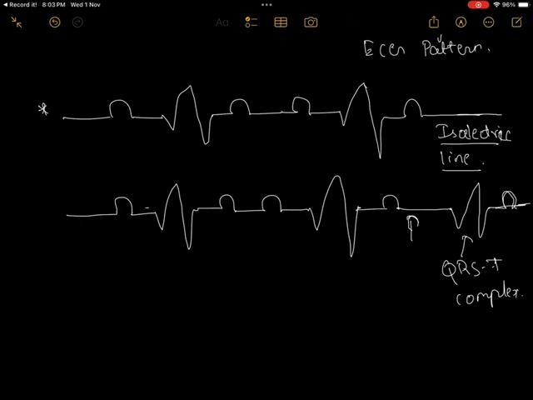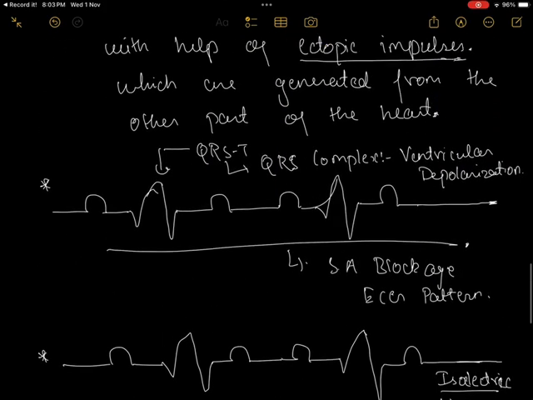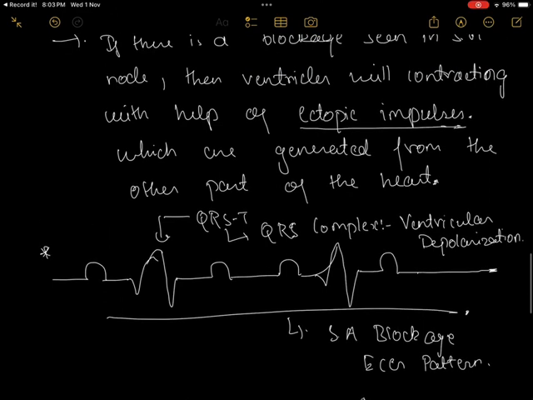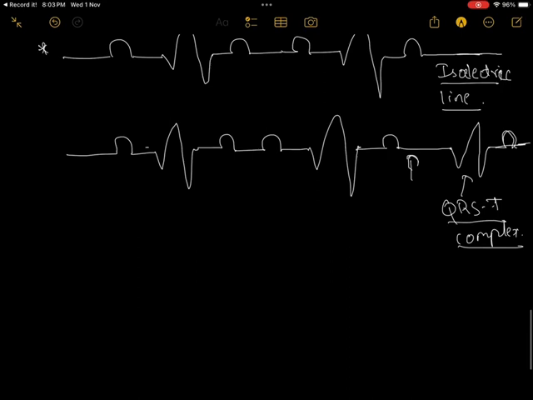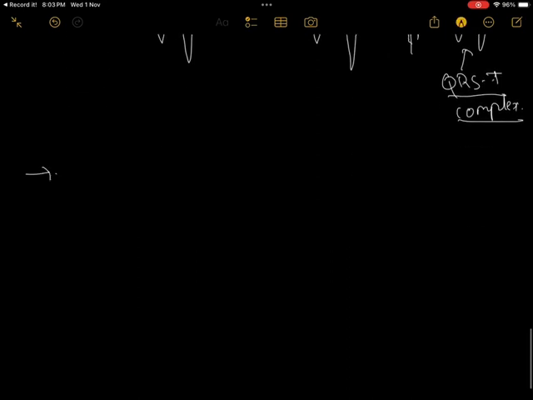Do you know why there is a formation of QRST complex? As I have mentioned earlier, the ventricles are getting the impulses from other parts of the heart due to the ectopic impulses. So let me write it down over here.